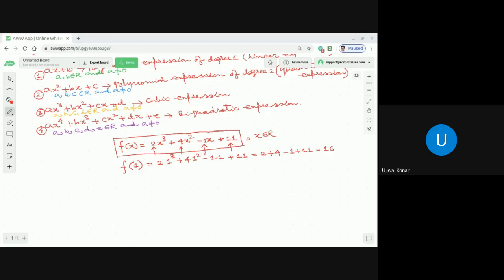For example, we take another polynomial expression, f(x) equal to x cube plus x square minus x minus 1, suppose. The moment we write it like this, it is a polynomial expression.